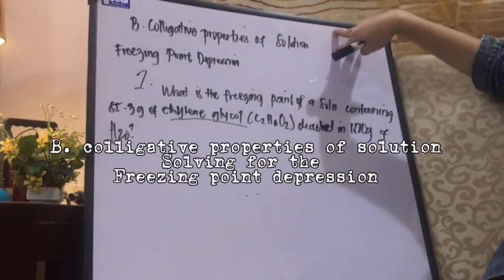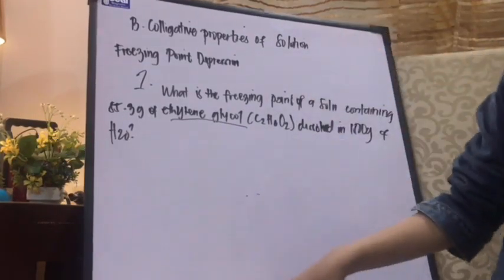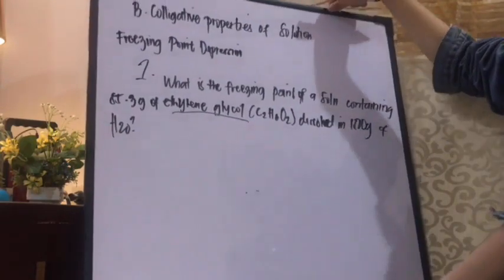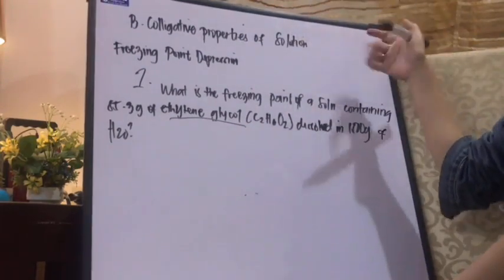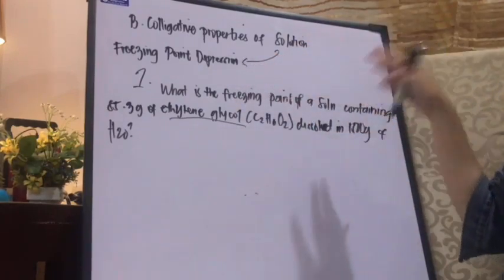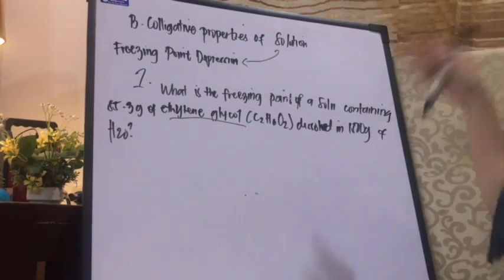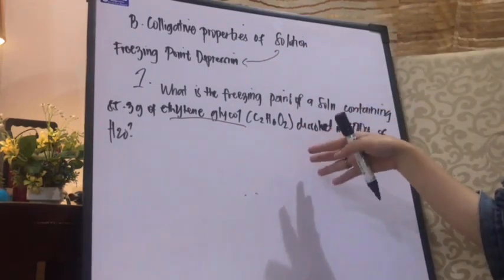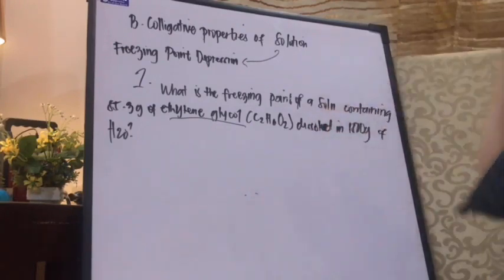The next topic will be the colligative properties of a solution. One of the things under it is the freezing point depression. The freezing point of a solution is lower than the freezing point of the solvent that makes up that solution.